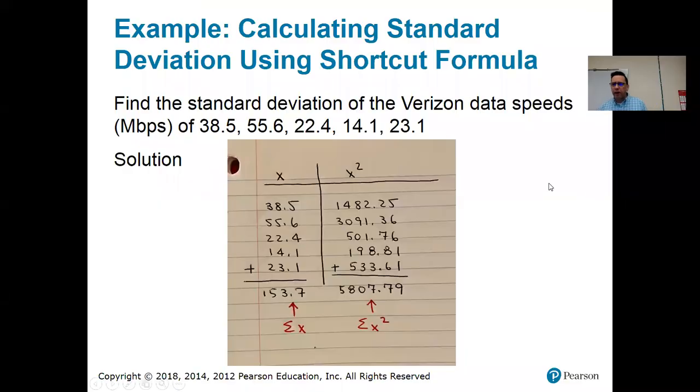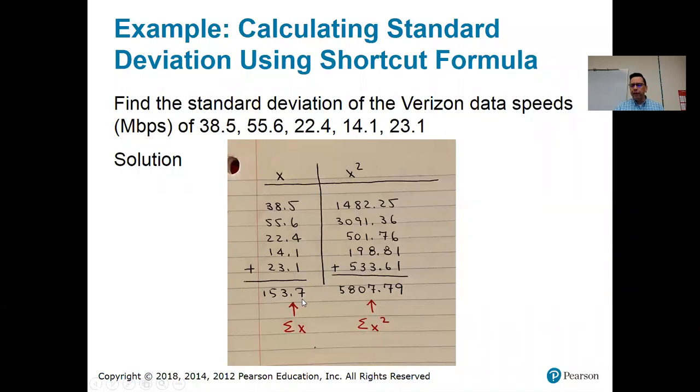Okay, so now let's talk about using the shortcut formula. The great thing about the shortcut formula is you tend to run into not as many ugly decimals while you're doing it, and your table only has to have 2 columns. So you start with your original data, and then you add those all together, just like you would do if you were starting to find the mean. Remember, the mean came from 153.7 divided by 5.